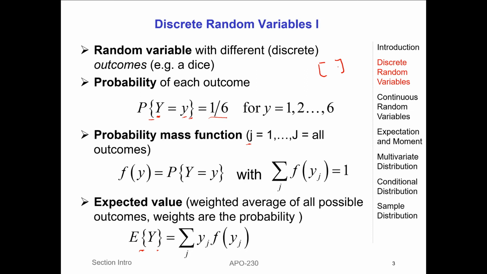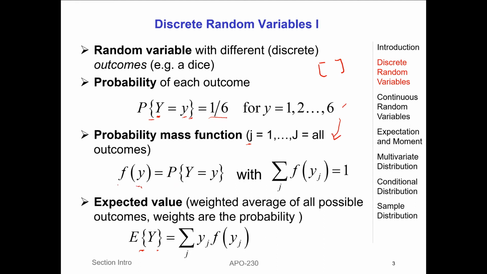Keep that in mind. Now, here is for the dice, and let's generalize it to the general case of discrete random variables. We will have something called the probability mass function to characterize the probability that each specific event or outcome occurred.